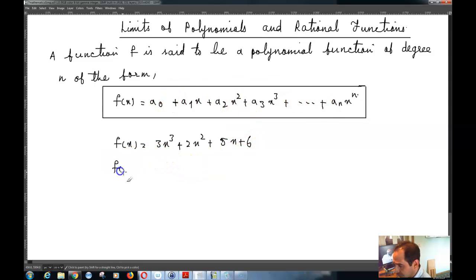You can write it as f of x is equal to 6 plus 5x plus 2x squared plus 3x cubed. So that is a polynomial function of degree 3. Usually when you write it in the general form in this notation, you write it this way. Basically they are the same thing.